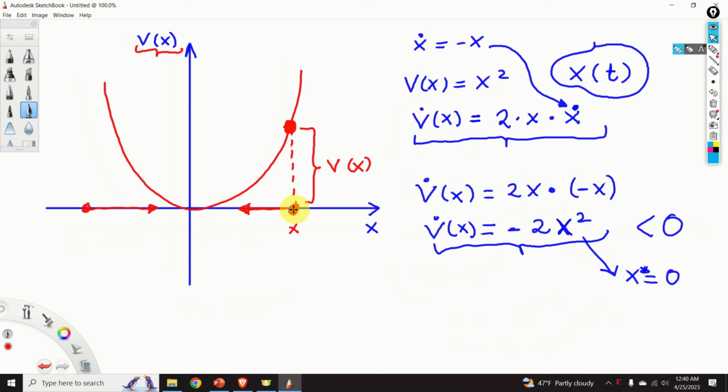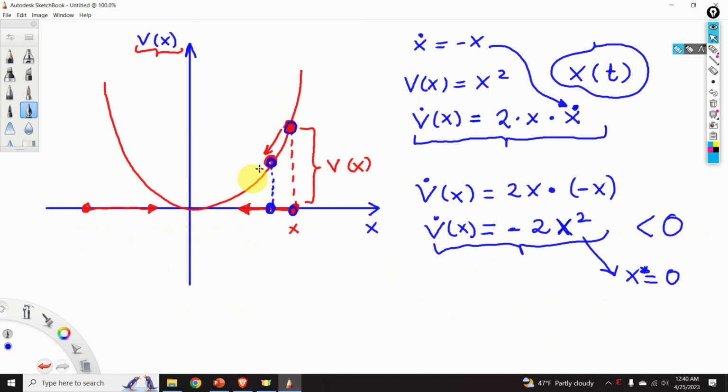Since we follow this point and this point goes left, this means that this ball on this hill will roll down. For example, if the state is here, the ball will be here. So you can see the state in this plane or in this line as the projection of the ball rolling down this hill.